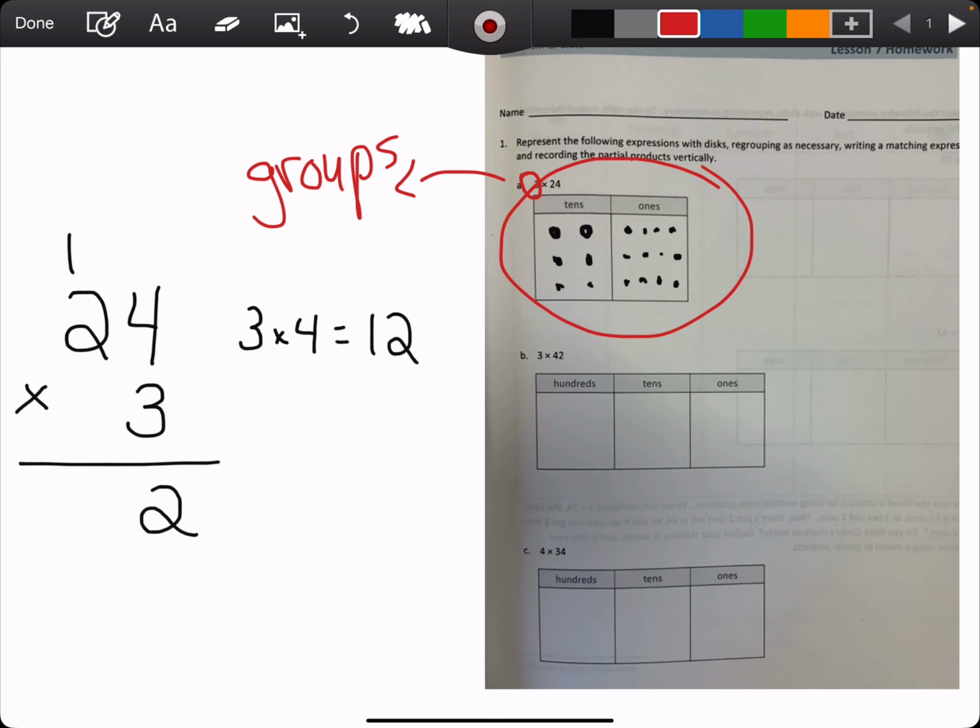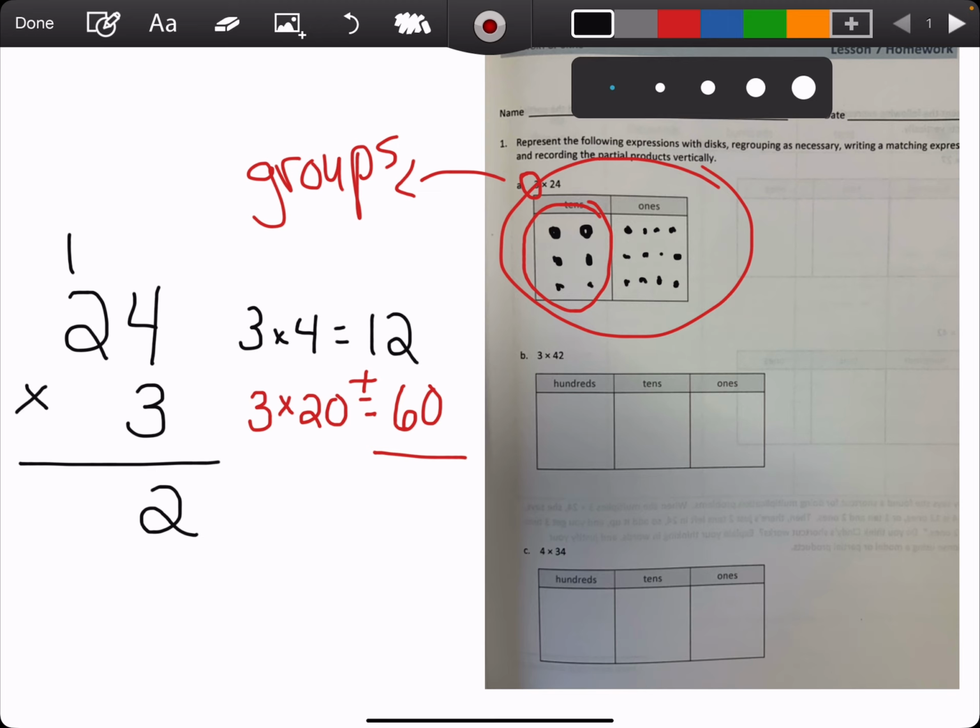But if I just did my 3 times 20, what is 3 times 20? 3 times 20 is 60. If we go into our model up here, what do I have in my tens column? 10, 20, 30, 40, 50, 60. I have my 60.